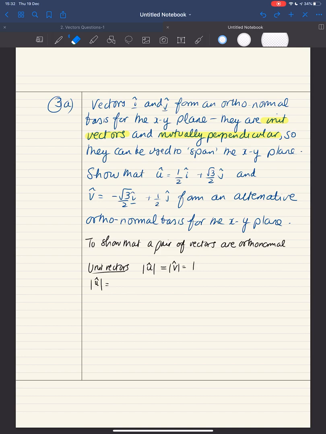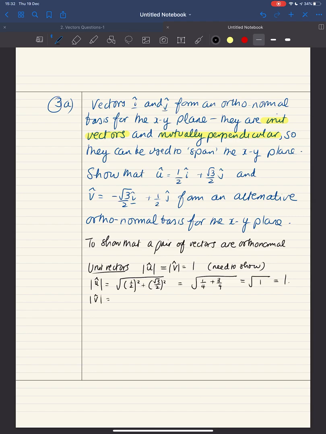Okay, so the modulus of u is the square root of a half squared plus root 3 over 2 squared. So it's the square root of a quarter plus 3 quarters, so it's the square root of 1, which is 1, which is what we want it to be. We need to show that the modulus of each one is 1.